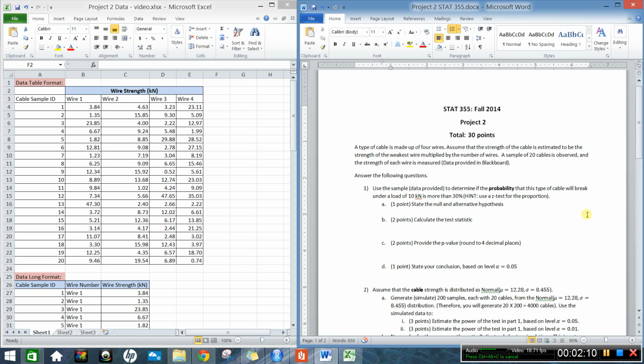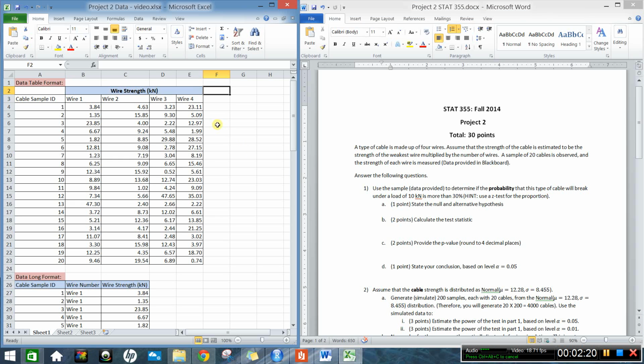Okay, so next, to calculate the test statistic. In order to calculate the test statistic, you're going to need to know the estimated probability of breaking in this population. So in order to do that, you're going to have to calculate the cable strengths. You did this in Project 1, so it should be super familiar.